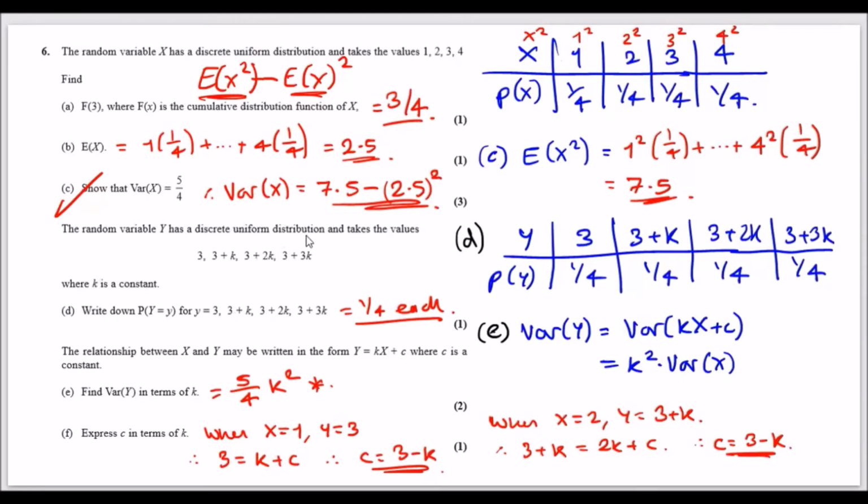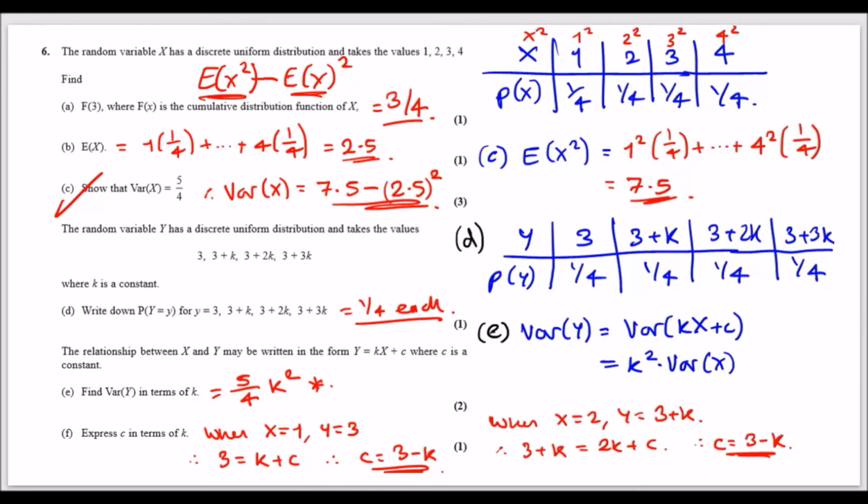Like I said before, this is a uniform distribution, so everything has equal probability, meaning they're all a quarter each. What I would personally do is write this as a table. I would call this one y and probability of y. I'll list down all the values of y, so it could be 3 plus k, and so on, and write a quarter for each one. Usually this is really helpful for many parts of the questions.